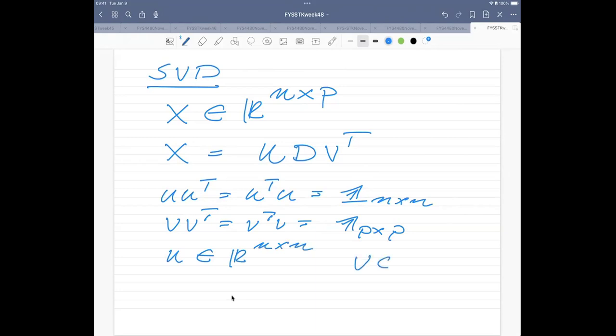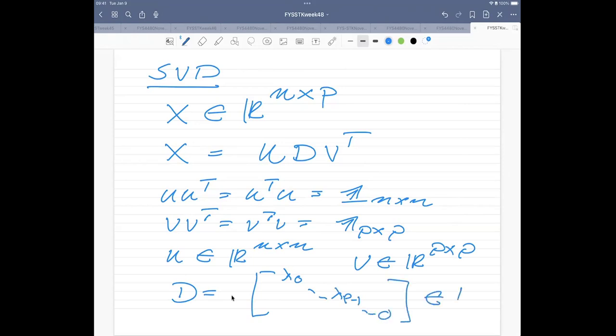And V has dimension P times P. And the matrix D, which contains the singular values, lambda 0 down to lambda P minus 1, and then 0, has dimension n times P. So I'm just reminding you of some of the things which we saw way back in the beginning of the semester.